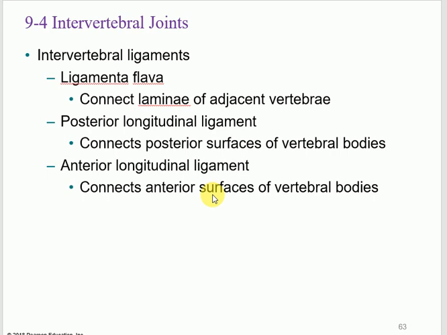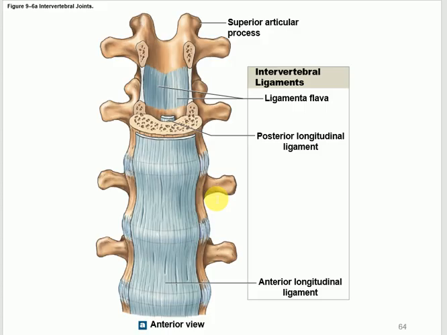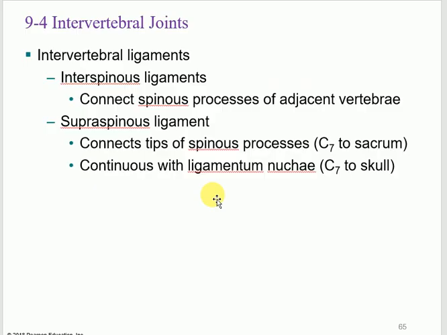The next one is the posterior longitudinal ligament, connecting the posterior surface of the bodies together. Anterior longitudinal is the same thing, but from the front, the anterior of the body. Look at these. This is anterior longitudinal, this is posterior longitudinal, and ligamentum flavum is just connecting the laminae together.